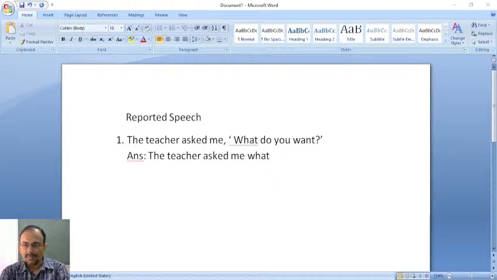Write down, Asmita, Manajoy, Krishna. Write down the answer of this question. The teacher asked me, "What do you want?" I have written 50% of the answer. The teacher asked me what, and then what will you write? Only Anusri has written the answer, and author has copied her answer.